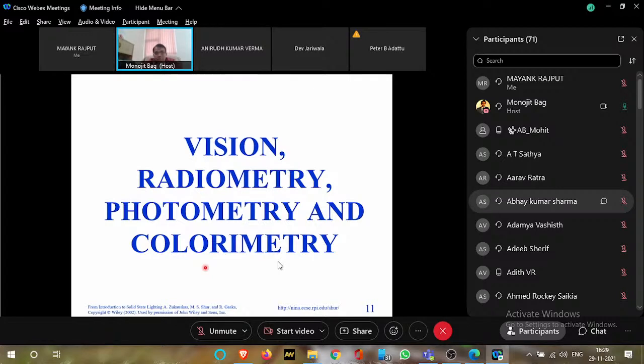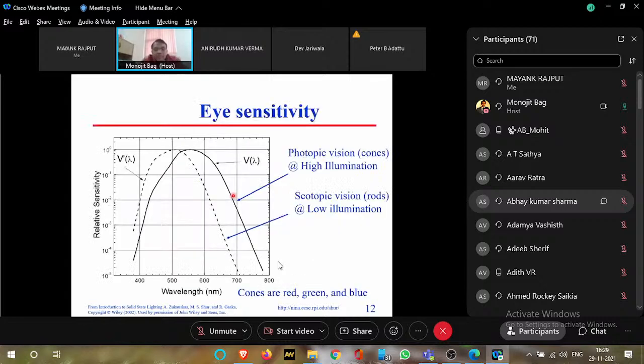So to understand or classify what kind of light source it is, we need to know different parameters, like what is radiometry, what is photometry, and what is colorimetry. These are the three different areas where we can talk about measurement in different aspects, or different perception, we can say.